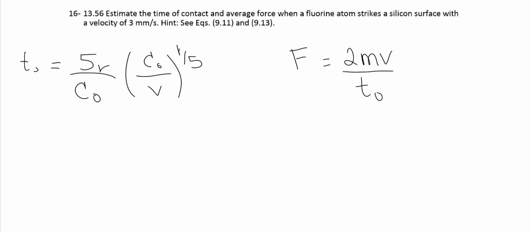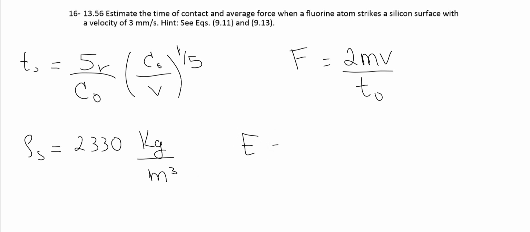To begin, we have our density of silicon, and that is 2,330 kilograms per meter cubed. Modulus of elasticity, represented by E, is 190 gigapascals, or 190 times 10 to the 9 pascals.